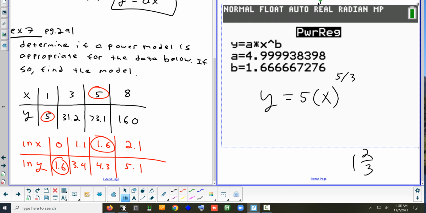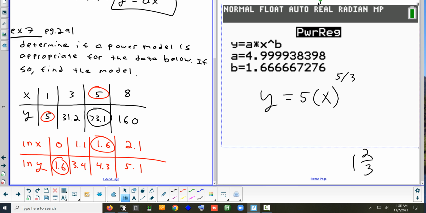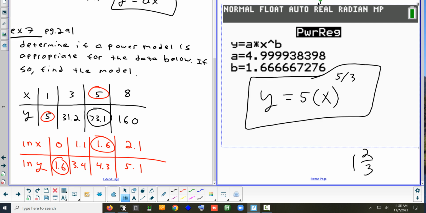That's probably what it is. I mean, when it repeats 6 or 7 decimal places in a row, we can assume that it probably should just keep repeating for that number. If we had more accuracy with the original data, we probably would have gotten an even more accurate answer for A and B. But they only gave us 1 decimal place in the data. So all right, so that looks like it's the power model.